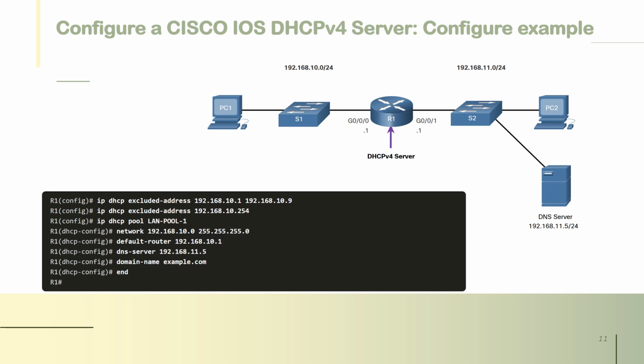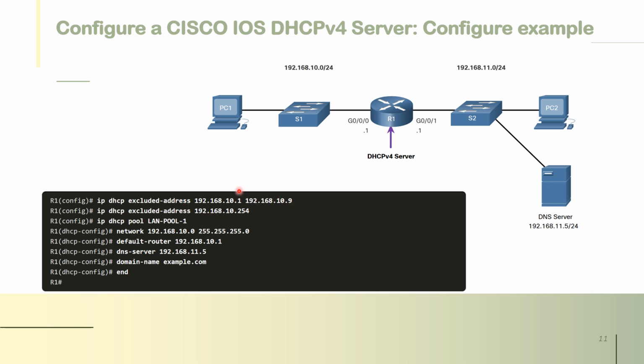And as you can see, the first 2 rows of commands are excluding the IPv4 addresses from the DHCP pool. And we use the range, which means ip dhcp excluded-address from 192.168.10.1 to 192.168.10.9.